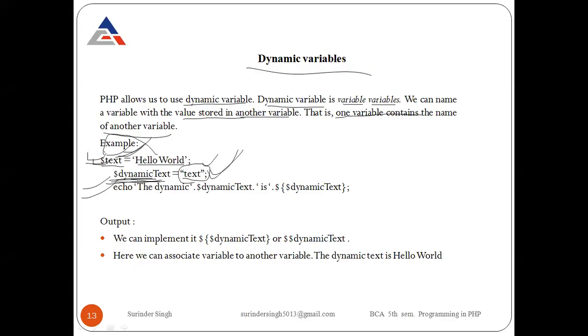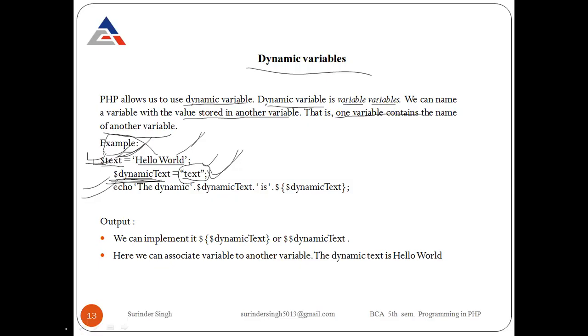Dynamic text is a variable that contains a value which is the name of another variable. The dynamic text variable contains a value which is not a normal value, actually it is the name of another variable, and this variable also has a value, clear.